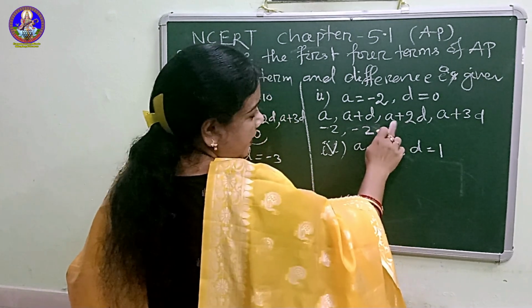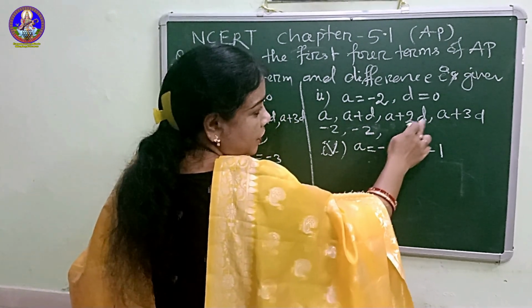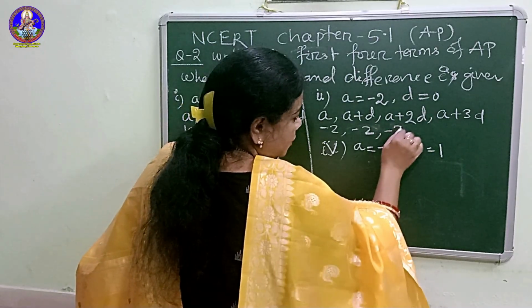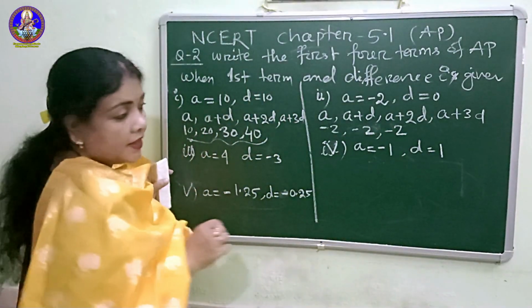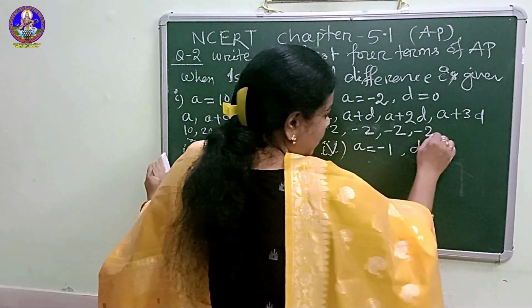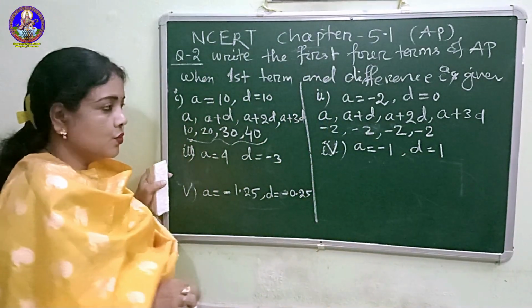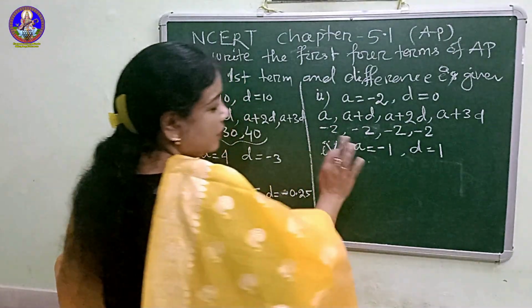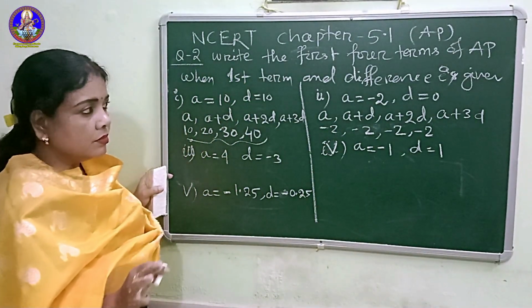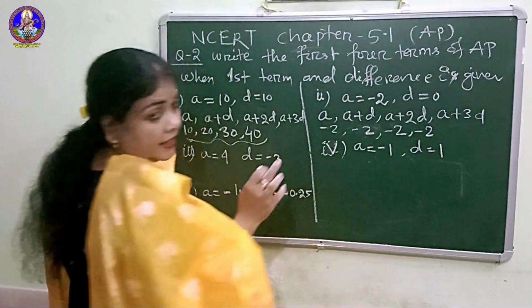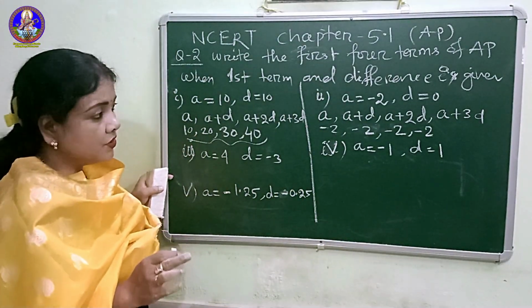And a plus 2d, minus 2 plus 2 into 0, that is also minus 2. And similarly, the fourth term will also be minus 2. So all the 4 terms are minus 2, according to this condition where a is equal to minus 2 and d is equal to 0.